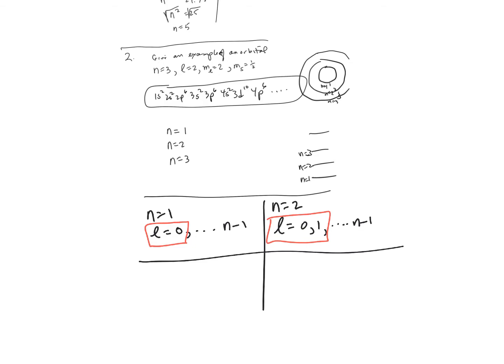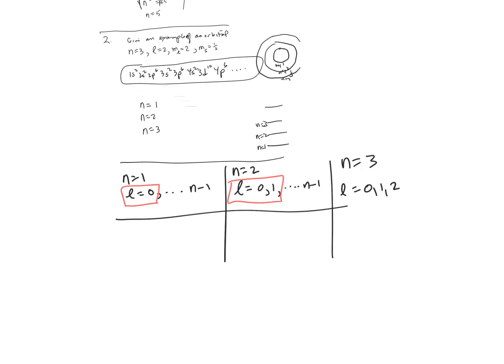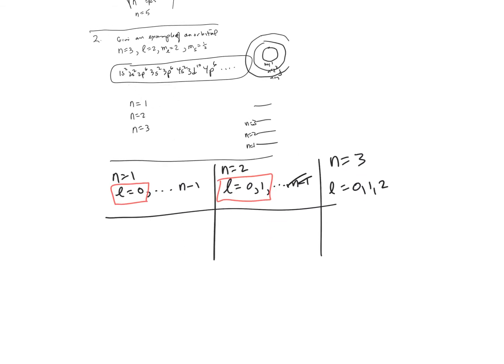Let's do one more here. If n equals 3, L can be 0, 1, or 2, but not higher than that because 2 is n minus 1. Now they have names: L equals 0 is an s, L equals 1 is a p, not orbitals, subshells. And then here you can have s, p, and d subshells.